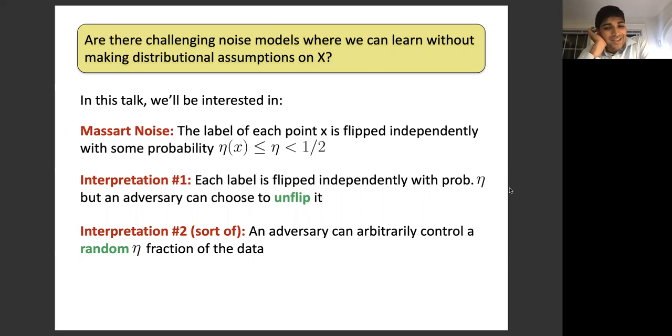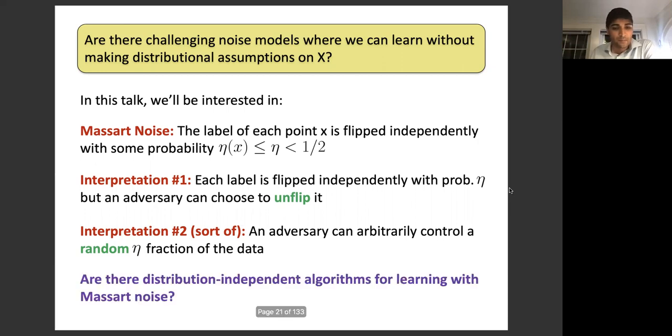So an adversary can still arbitrarily control some fraction of the data, but the catch is that they don't get to choose what fraction of the data. So an adversary can arbitrarily control some random eta fraction of the data. So they no longer get to concentrate their corruptions disproportionately in just one region of space, where the noise rate is much higher than a half, for example.